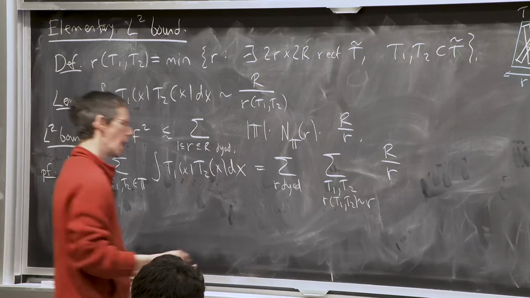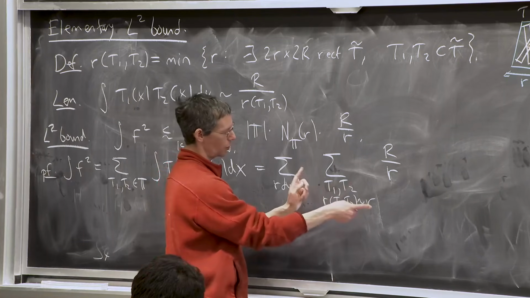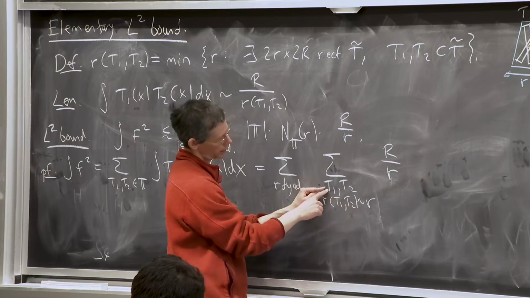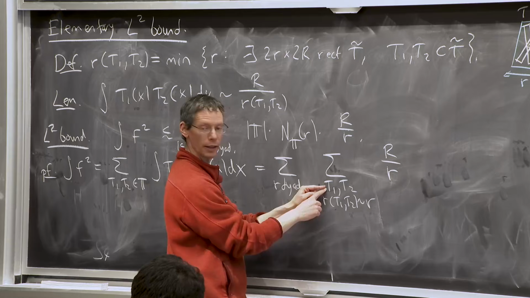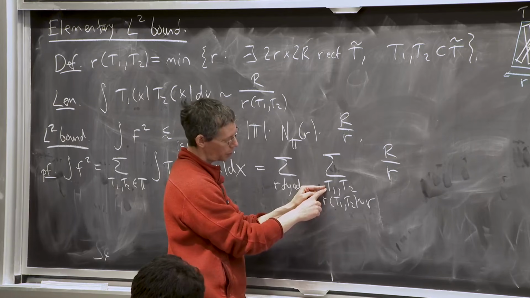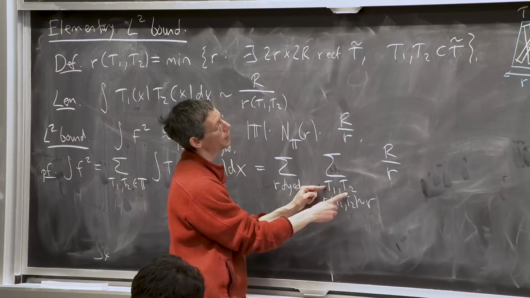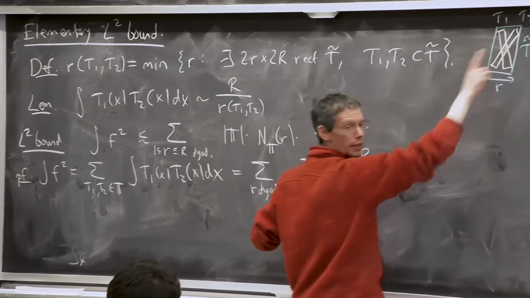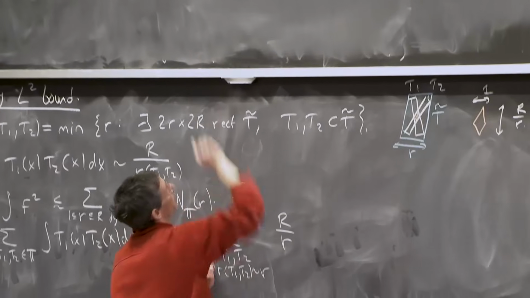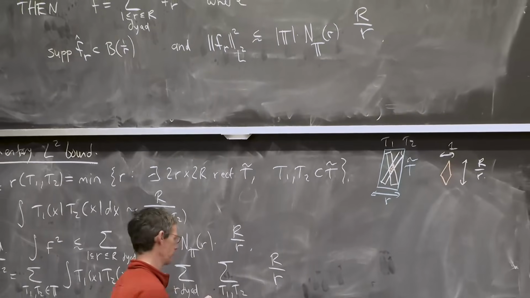Now I need to know how many pairs of tubes are in this list. Well, I can choose T1, and T1, as far as I know, could be anything. So I have a number of tubes choices for T1. But once I choose T1, I need to choose another tube, T2, that fits into the same rectangle with T1. So the number of choices for that is about N_T(r). That's what it's measuring.